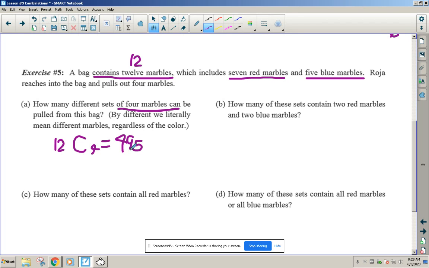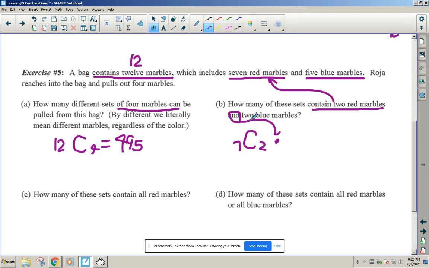But now, if we look at part B, they want to now put some conditions on you. They want you to have 2 red marbles. Well, the minute they put a condition, you have to say, well, there were 7 red marbles. So what this means is from 7 red marbles, I want to choose 2 of them. And if you recall, the word and means multiply, still means multiply, not going to change.